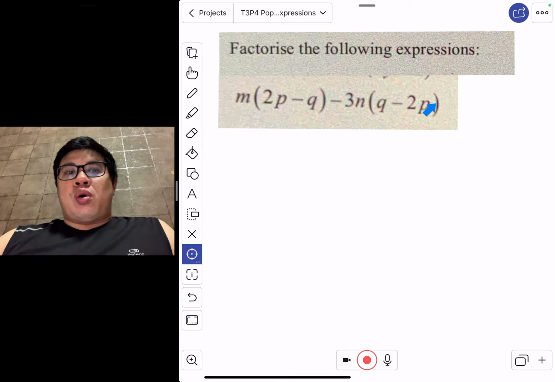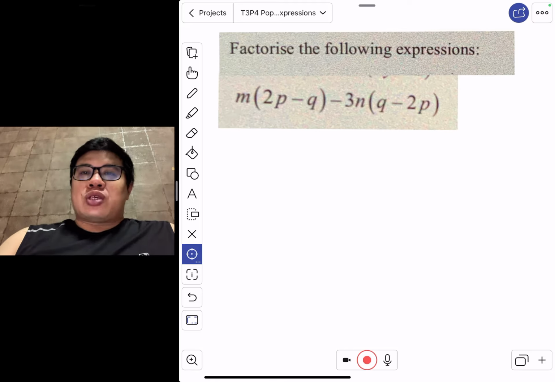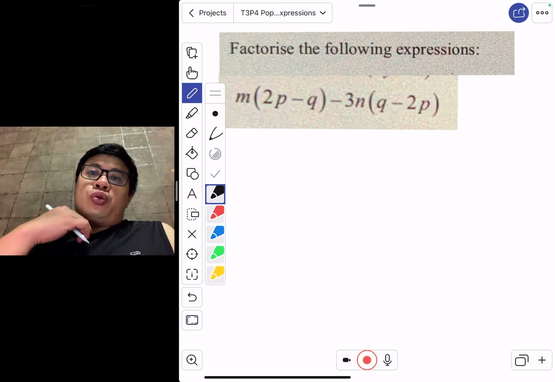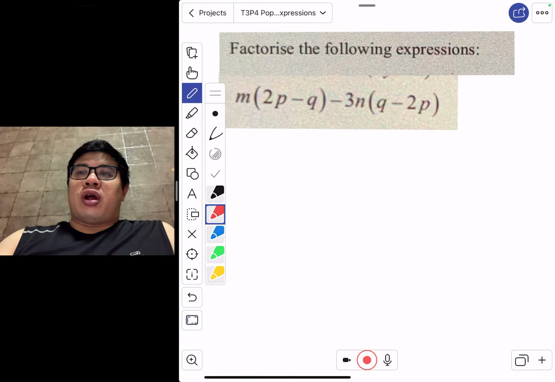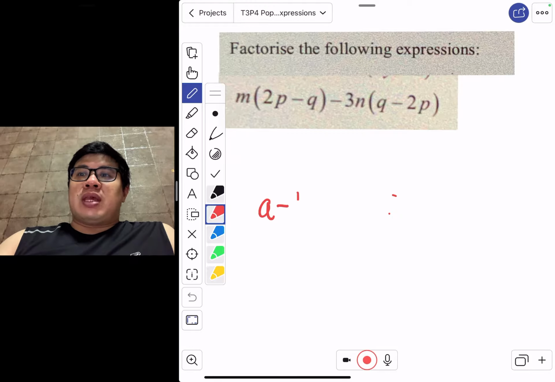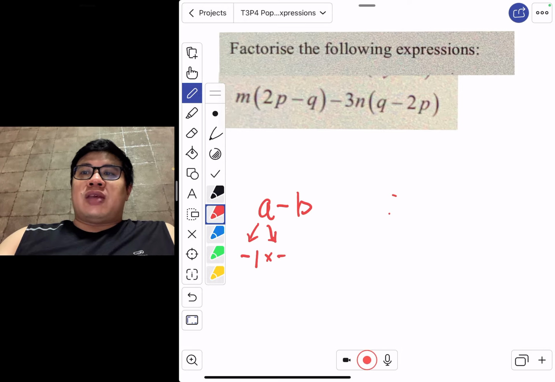So how do we go about doing this question? There's actually a way to go about doing it. I'm going to show you something in general. If we look at a minus b, do you agree with me that I can write this as negative 1 multiplied by negative a?